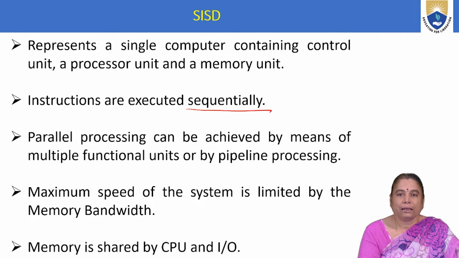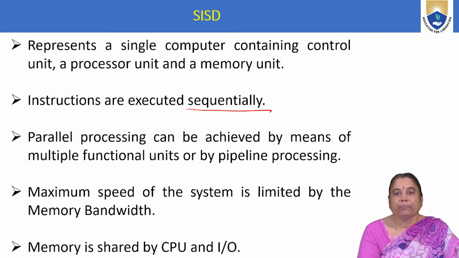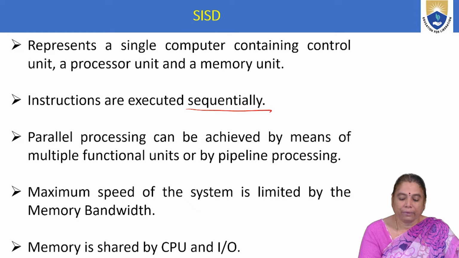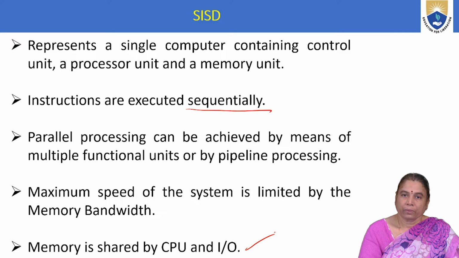So in SISD architecture, parallel processing is supported with multiple functional units or with the help of the pipelining concept. Here, the maximum speed of SISD architecture is limited by the memory bandwidth, and this memory can be shared by the CPU and I/O devices.